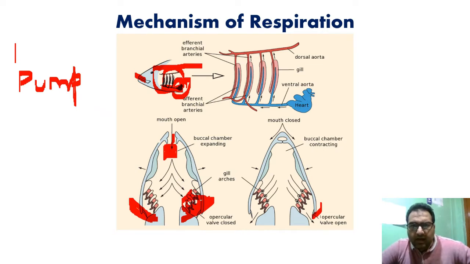It is caused by movement. Now how does this respiratory pump function? It is the movement of the opercular bone, the opercular cavity, and the mouth which helps in the functioning of this respiratory pump.